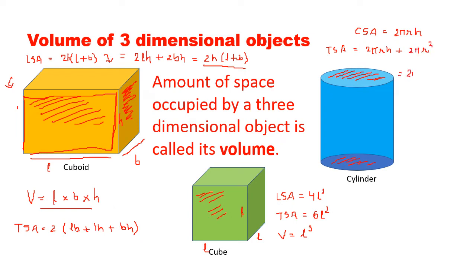Taking out 2 pi r common, we got the formula 2 pi r bracket h plus r. So these are the formulas for the curved surface area and the total surface area of the cylinder. In today's lecture, we move on to finding the volume of the cylinder.